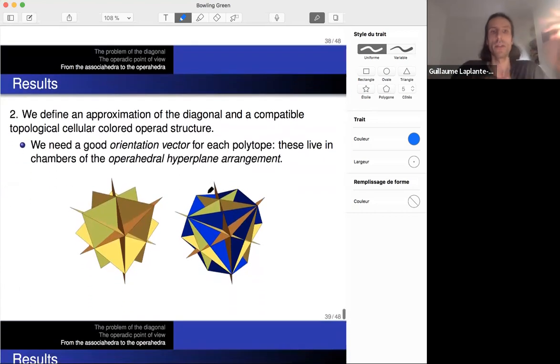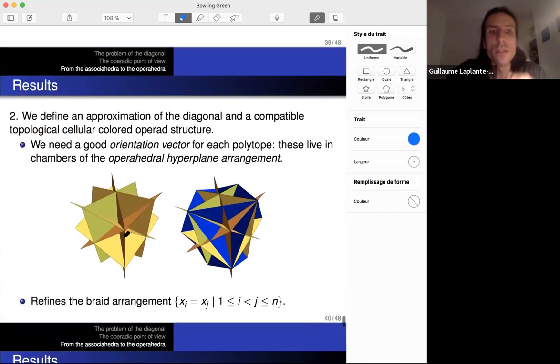It turns out that these vectors live in the chambers of a certain hyperplane arrangement. So here you have the braid arrangement on the left, and on the right you have what I call, and this is not the right name, in the paper it's the fundamental hyperplane arrangement.